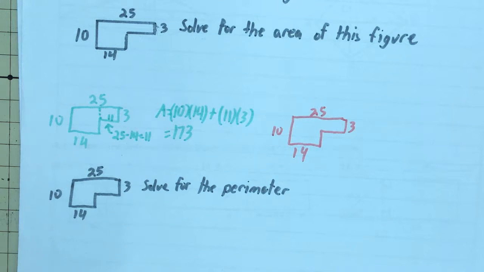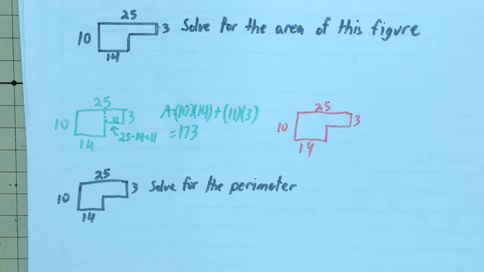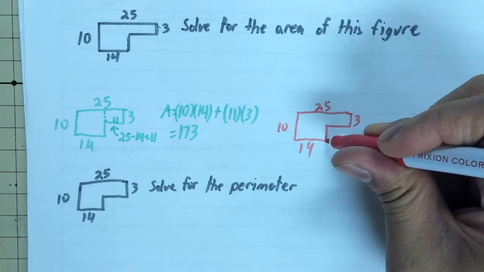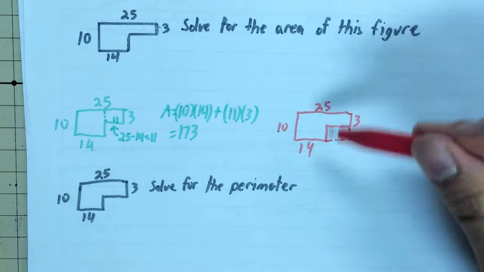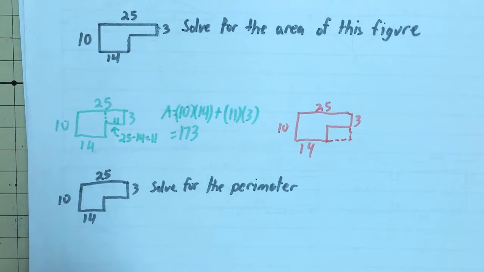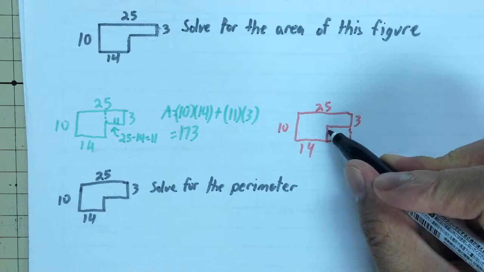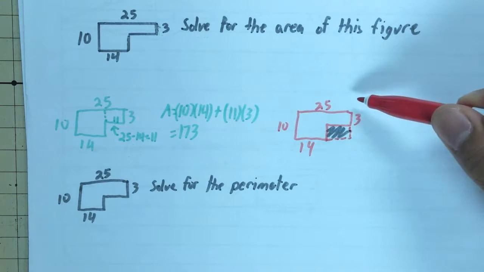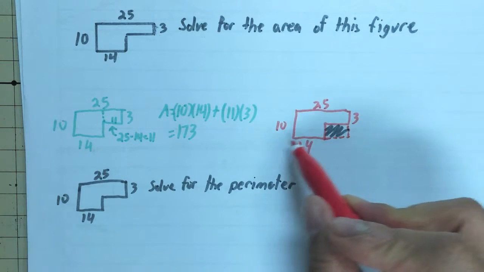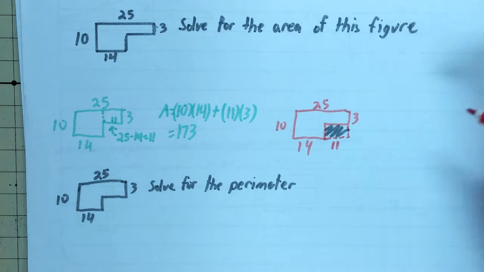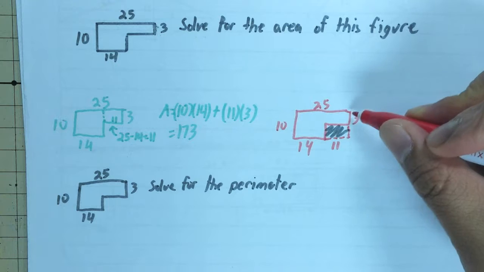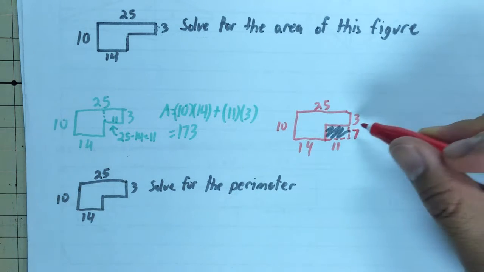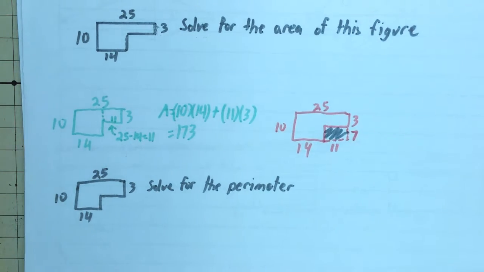The other way we can solve this is by imagining this as one full rectangle, and then you cut out this bottom corner. So we have 10 by 25 for the full rectangle. This side's 14, which means over here 11, 11 and 14 to get 25. This part right here is 3, which means down here is 7. 3 plus 7 makes 10.